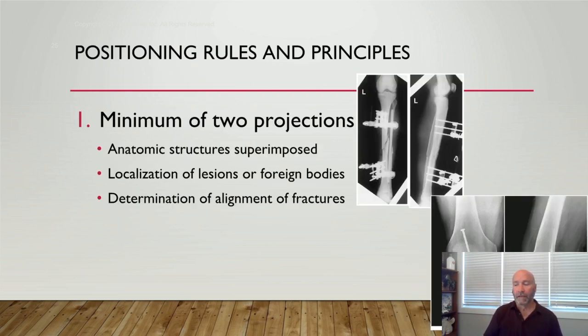So most of the time we're going to get 2 x-rays of the same anatomy, and the purpose for that is because we're looking at a 2-dimensional representation of a 3-dimensional image. So if I were to put my fingers like so, in what you're seeing here, you're probably not going to see a whole lot of difference front to back, right?